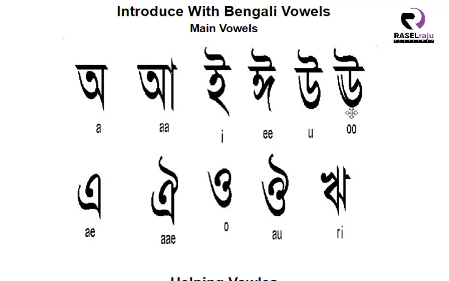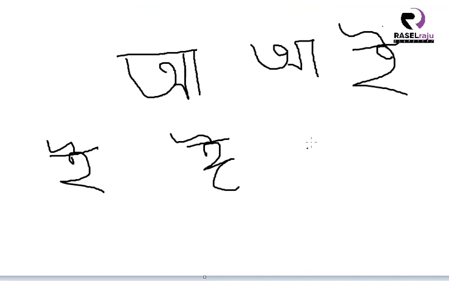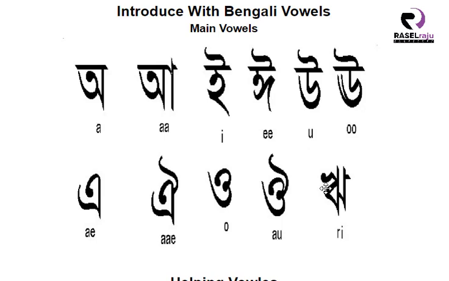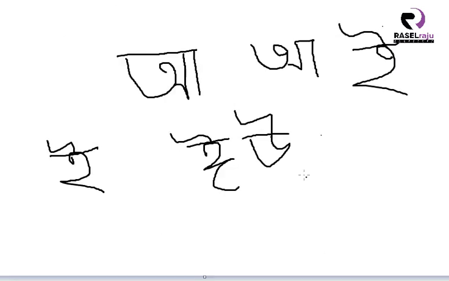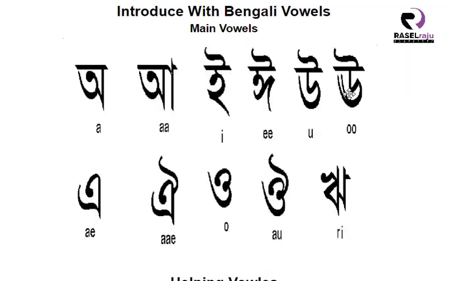U. Okay. How to write this? Just okay. It's U. And just add an extra line for U. Okay.